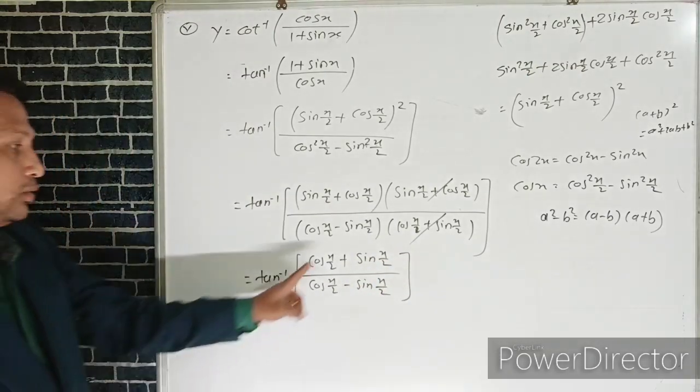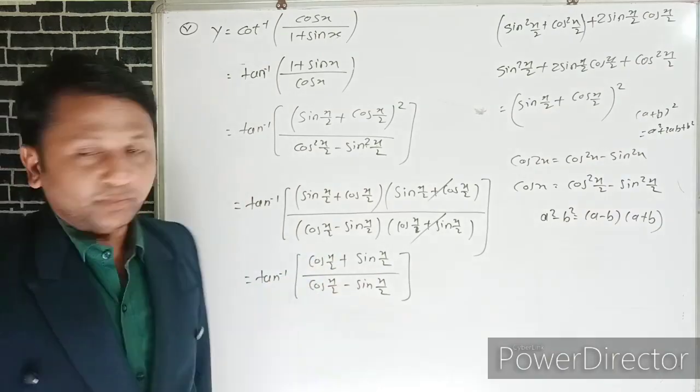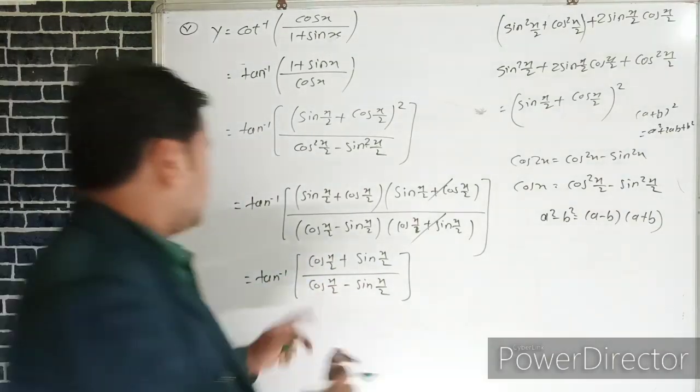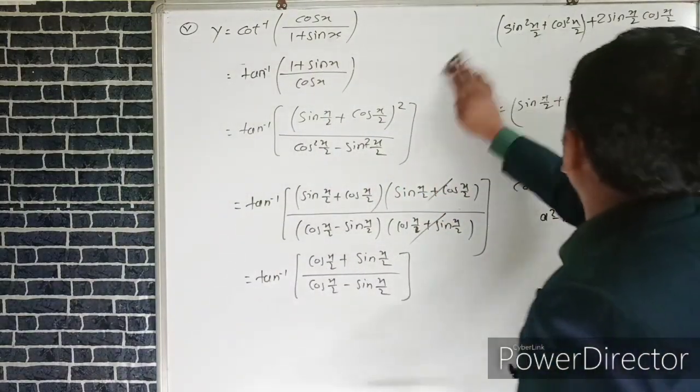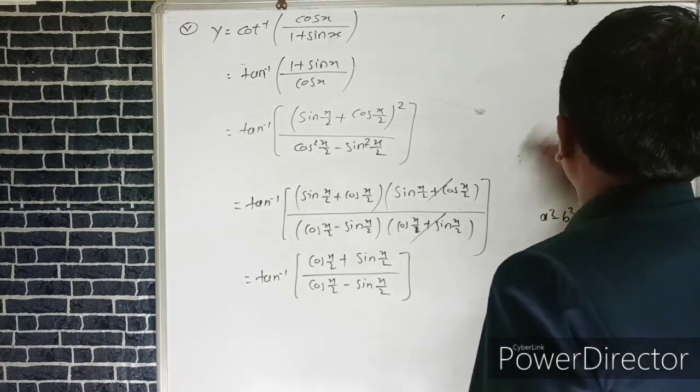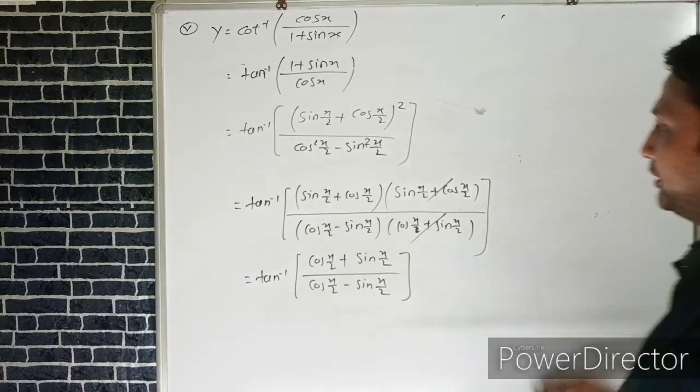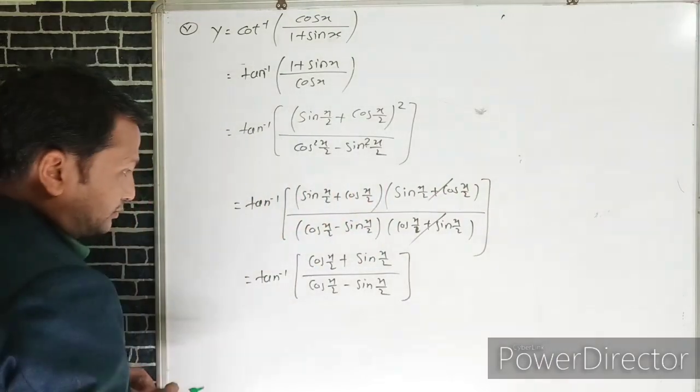Here the whole term, cos of x by 2 plus sin of x by 2 upon cos of x by 2 minus sin of x by 2, we want to convert in the form of tan.